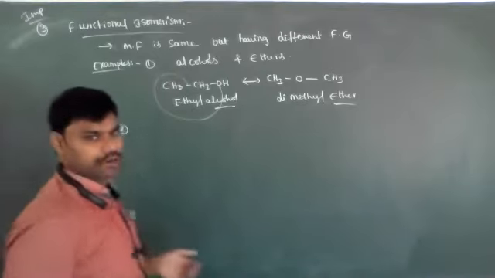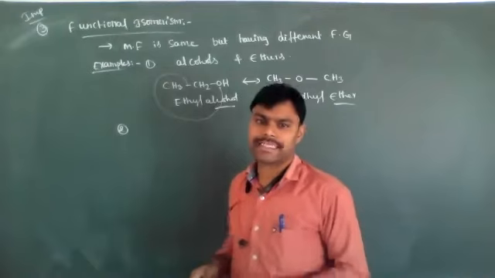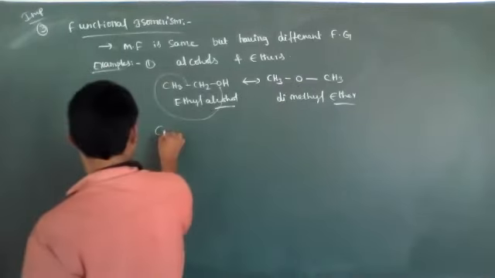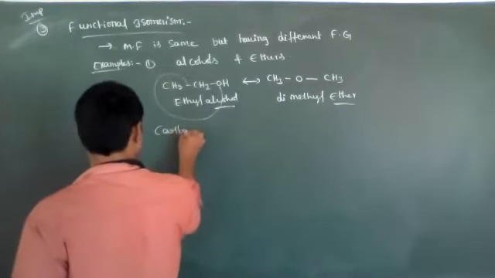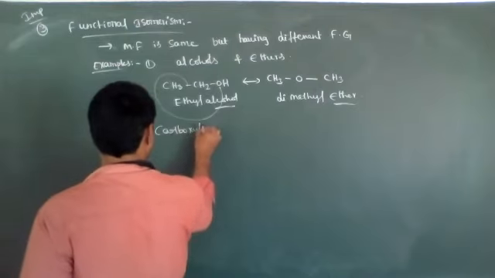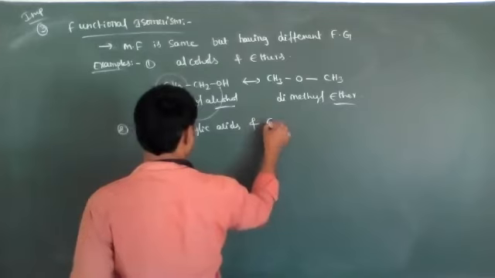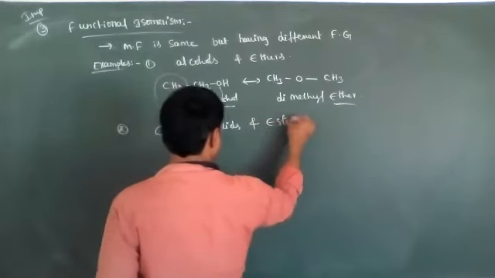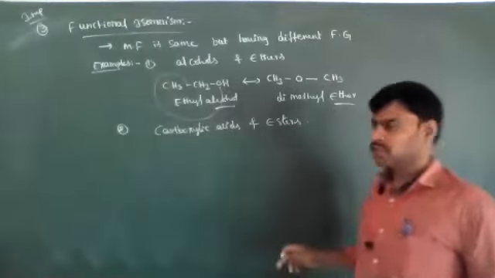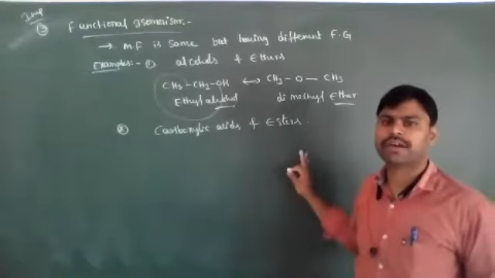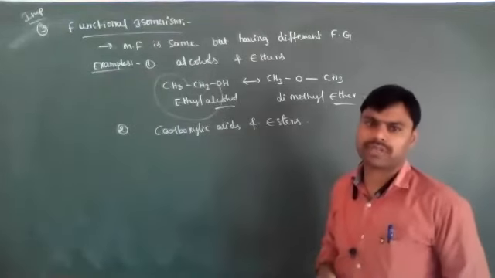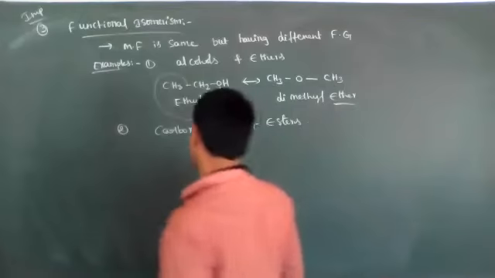The second most important example is carboxylic acids and esters. Carboxylic acids and esters also we have to consider as functional group isomers. I will give you one example.